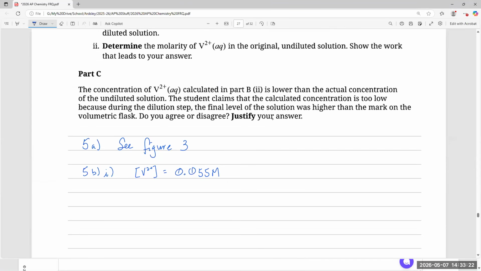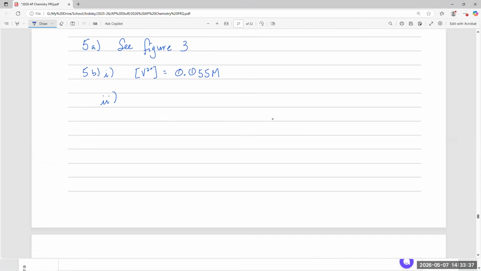Part two. Determine the molarity of the original undiluted solution. Show the work. This is just the dilution equation. What do we got going here?